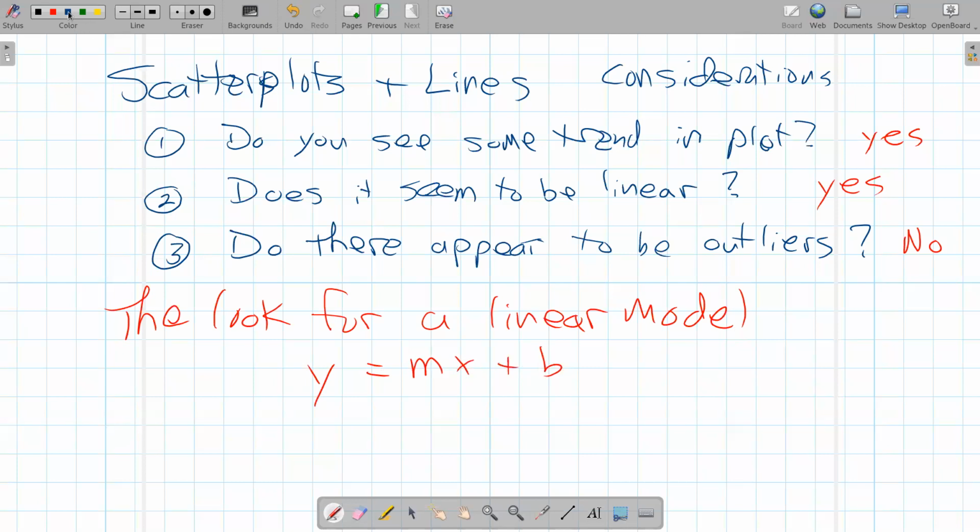And to find a linear model means to find m, calculate a slope, and find the y-intercept. And y-intercept, we can consider a starting point or initial value.